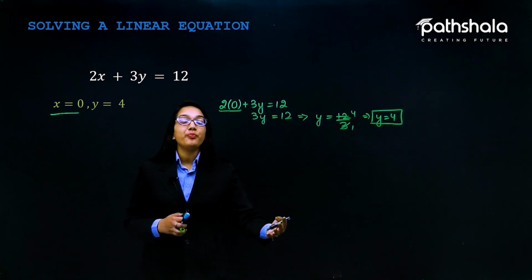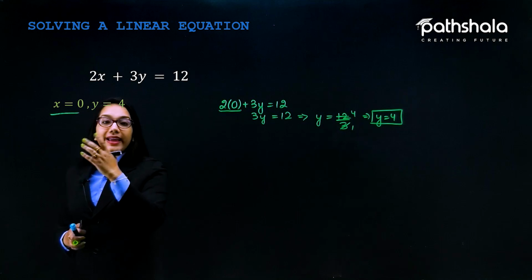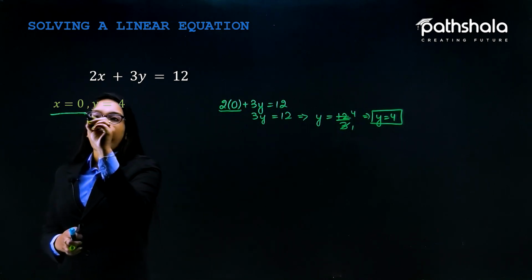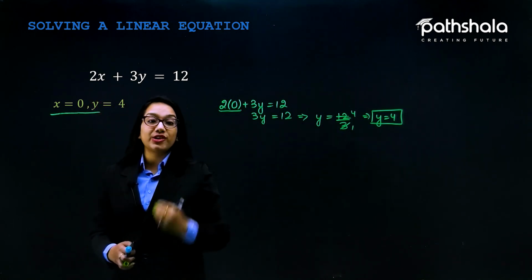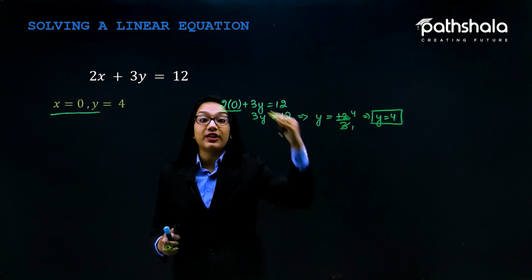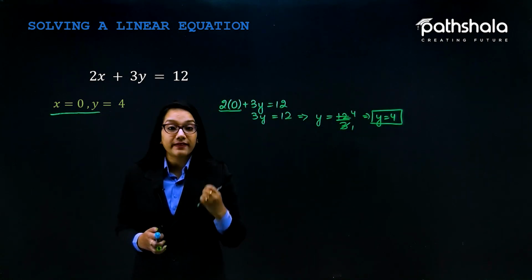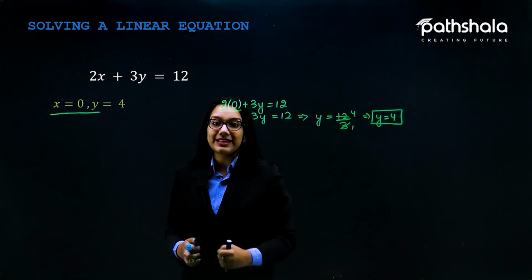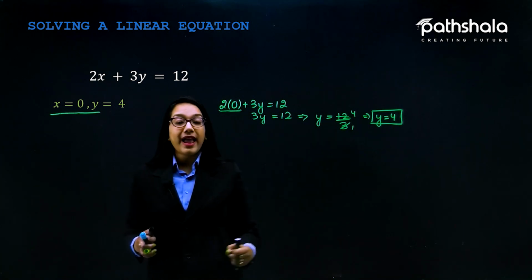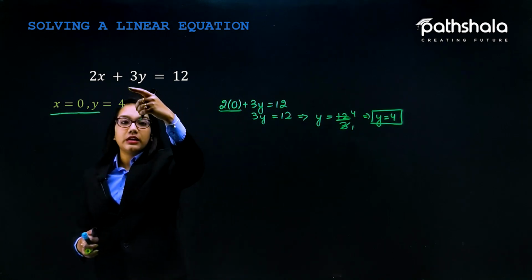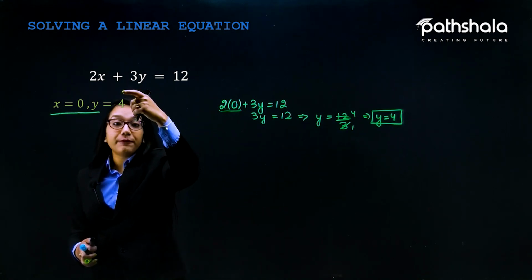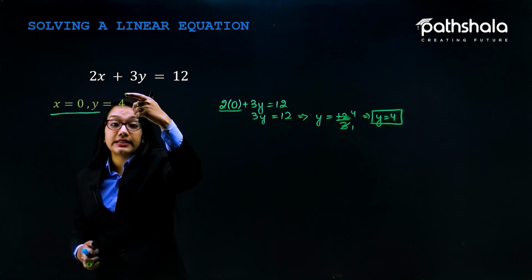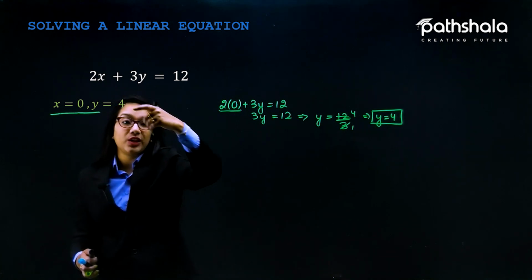And furthermore, we can say that x is equal to 0 and y is equal to 4 are actually satisfying this equation. What does it mean? If I substitute x as 0 and y as 4 on the left hand side, then the left hand side will definitely come out equal to the right hand side.